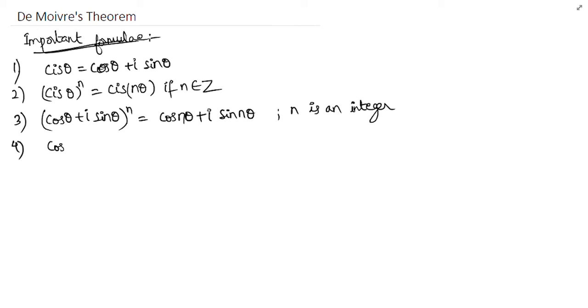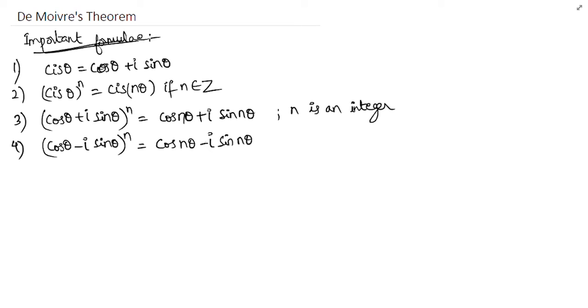The fourth one, (cos theta minus i sin theta) to the power n can be written as cos n theta minus i sin n theta.